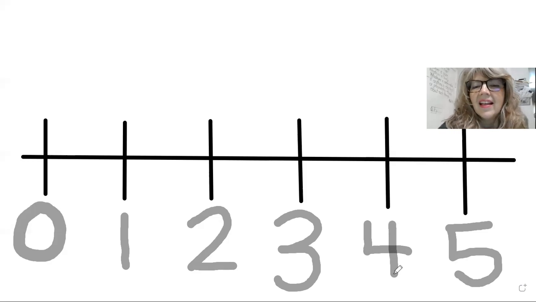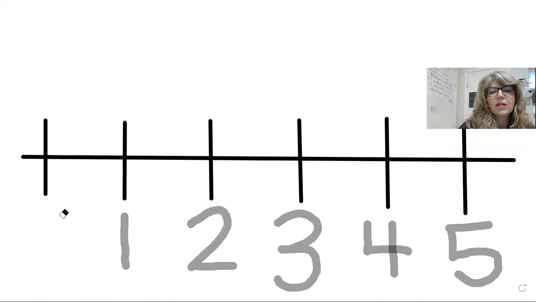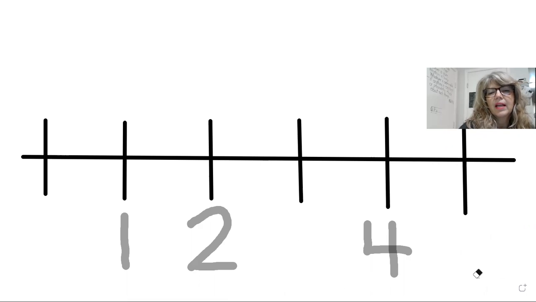Okay. So let's see if I take out some more. What if I take out 0? What if I take out 5? What if I take out 3? Okay. Now can we figure out what's missing? We better start at the beginning.